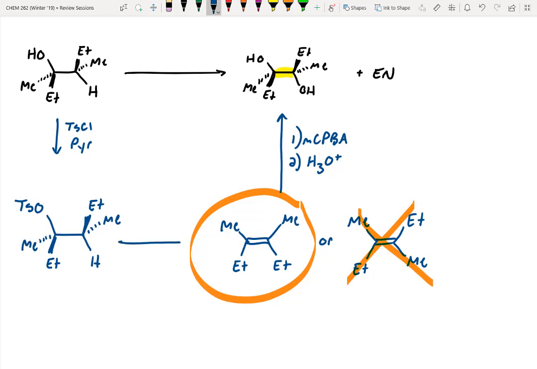And then to get to this alkene, what reagent would we want to use? Do we want a bulky base or a non-bulky base this time? I would use a non-bulky base. Something like sodium hydride would work well.